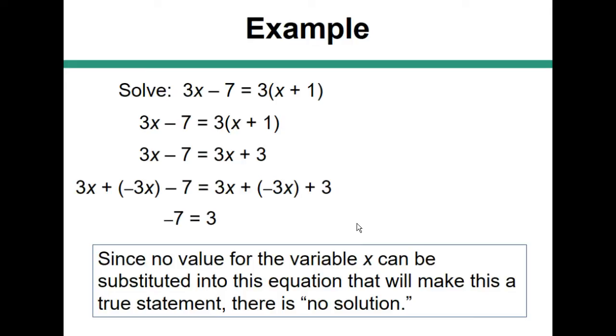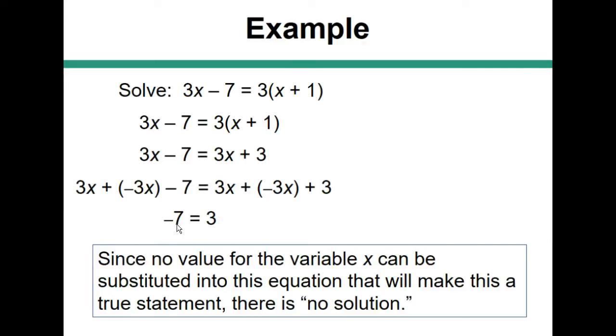Now, every once in a while, we have something that looks like an equation, but when we solve it, going through the steps we've described, we end up with an untrue statement here. A case like this happens to be, in a sense, a phony equation.